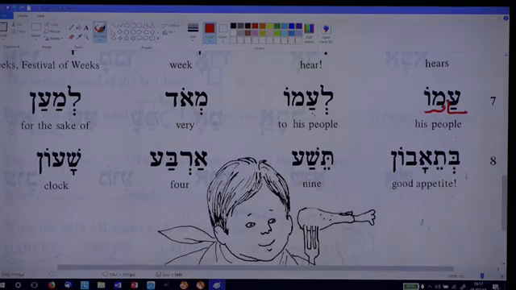This is pronounced amo, which is his people.